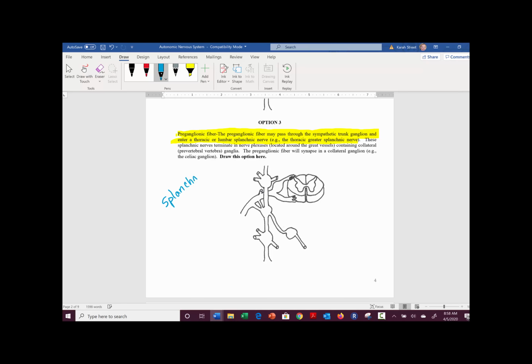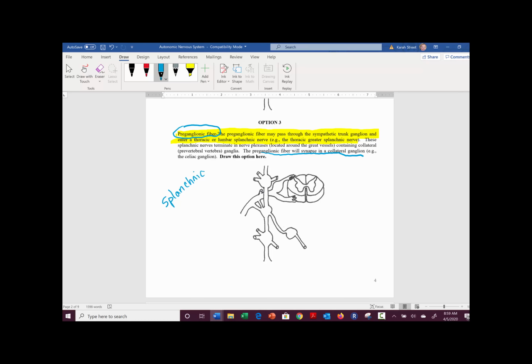I have seen a lot of anatomy textbooks for two-year schools, community colleges, get that wrong. A splanchnic nerve is a preganglionic fiber that is making a change in course. It's a special option. Okay, so here's what it's basically saying. The preganglionic fiber will synapse in a collateral ganglion.